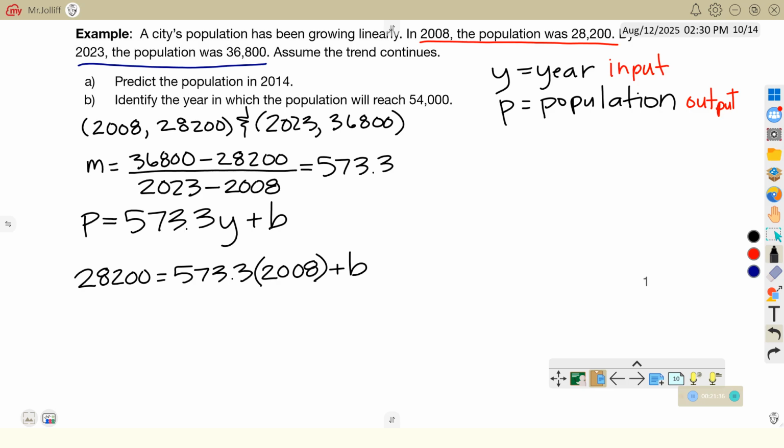Substituting that first ordered pair, population and year, into the equation. I'm going to do that multiplication. I'm going to get a big answer, and that's okay.